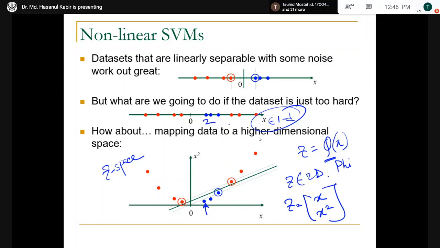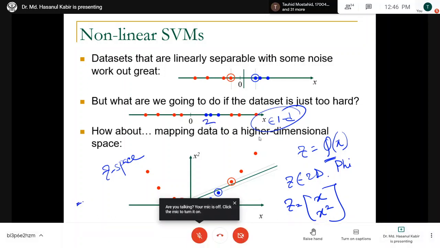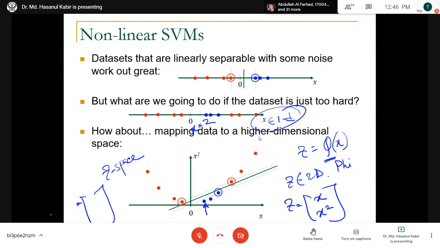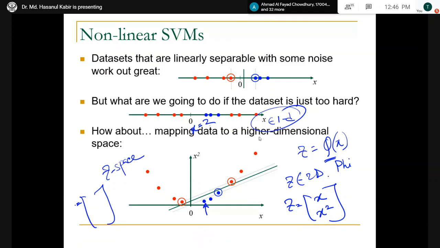The same sample in the z space will be represented by which vector? Let's say x was equal to 2. In the z space, it will be what? 2 dimension. The values are going to be something like, since I have this x squared, anyway, it doesn't matter.